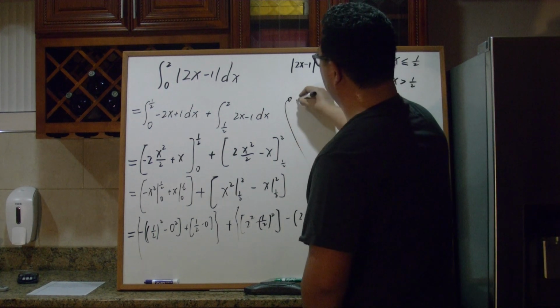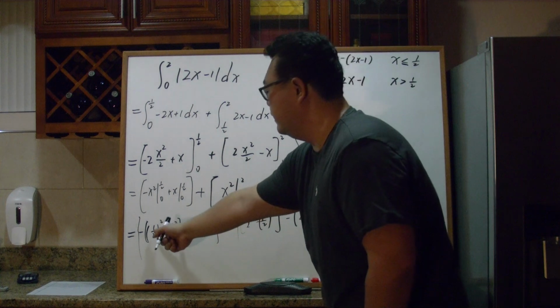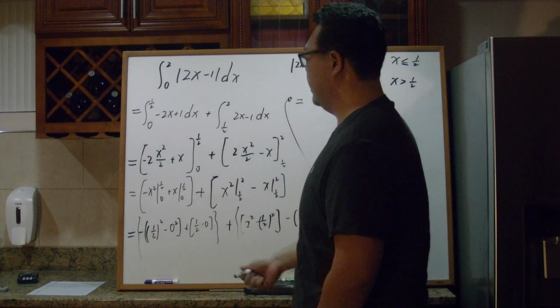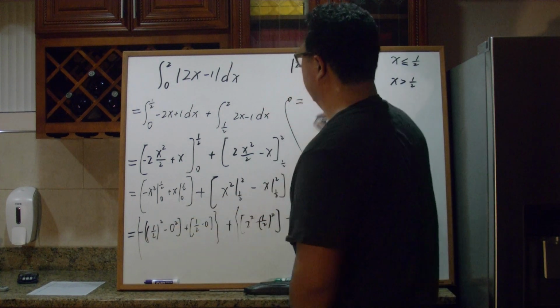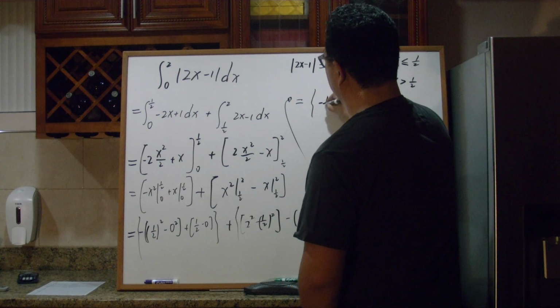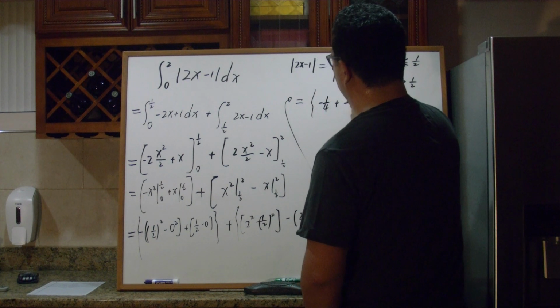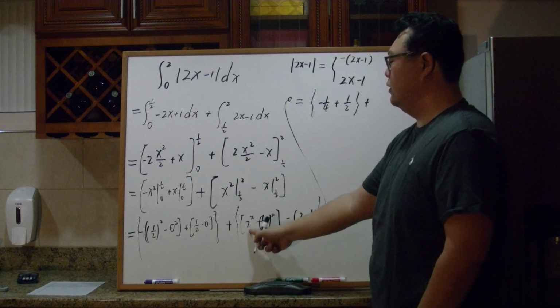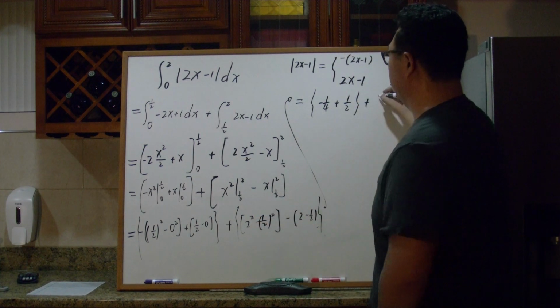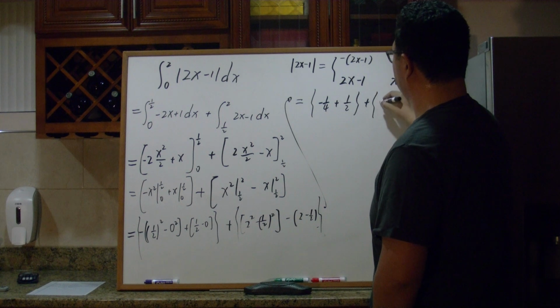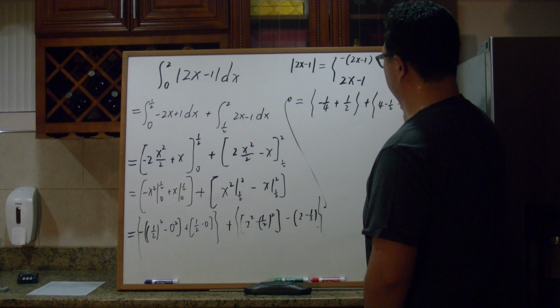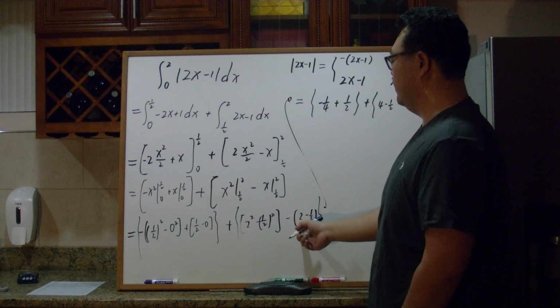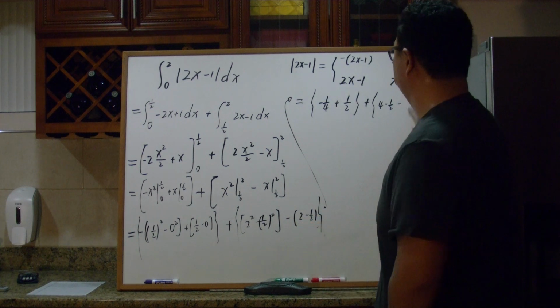So from the left, we get 1/4 minus 0, still 1/4, with the negative sign out of it. That's negative 1/4 plus 1/2. And for this one, 2 squared is 4, 4 minus 1/4, minus the other part, 2 minus 1/2.